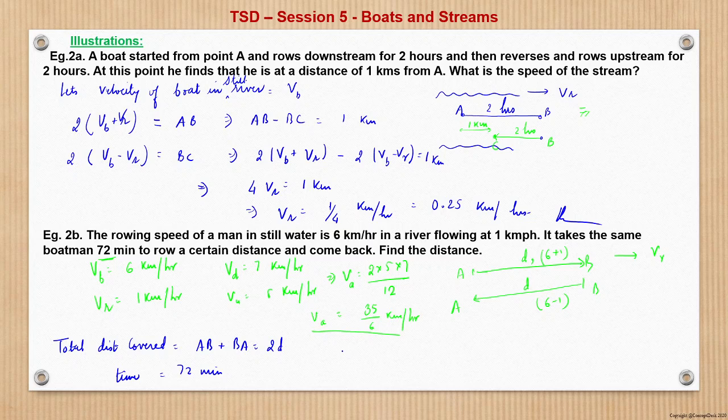So the average speed is 2D upon 72, in minutes, so multiply by 60 to get into hours. This will be 35 by 6, right? So from here we get D is equal to 35 by 6 into 72 by 60.